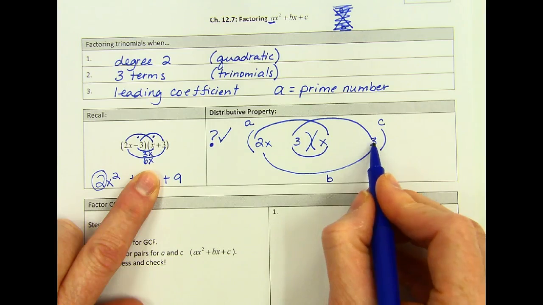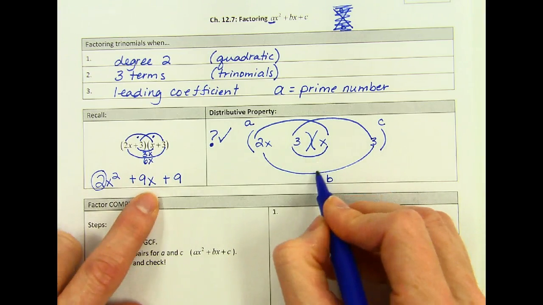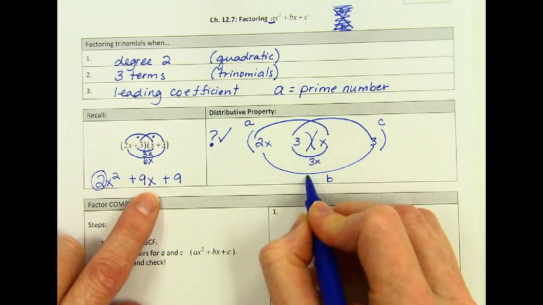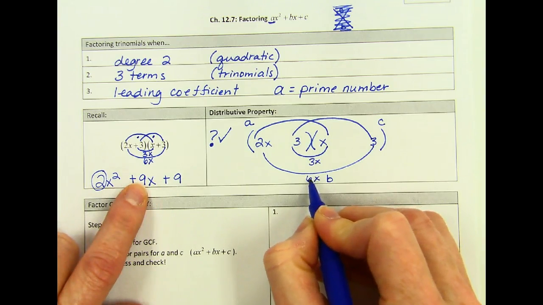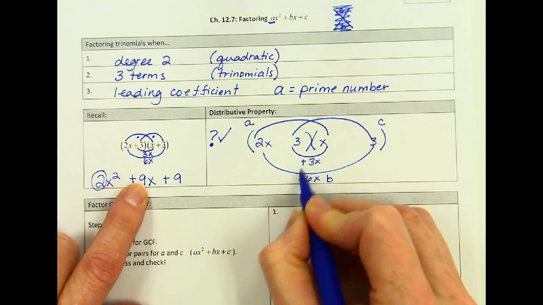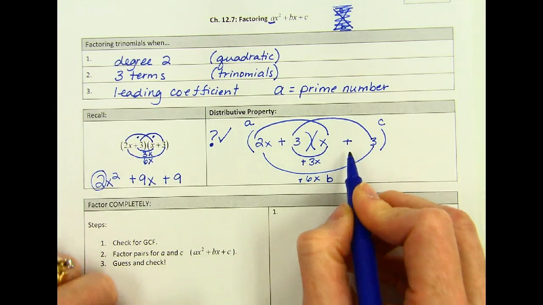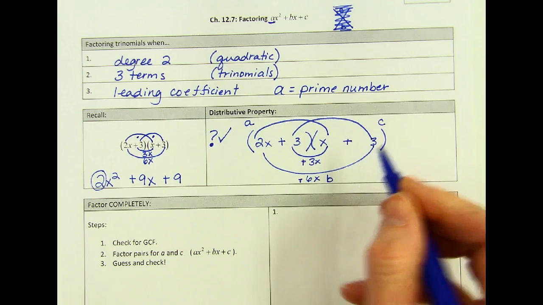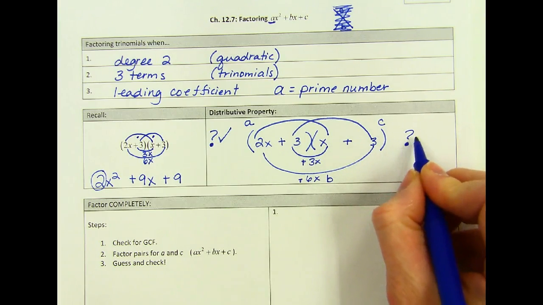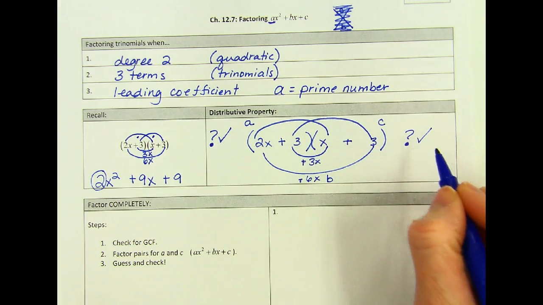But the reason why it was 3 and 3 is because these loops had to work together to give you the positive 9. And if these are both positive, these are both positive, which makes that a positive 9. So once again, you must guess and check over and over and over.